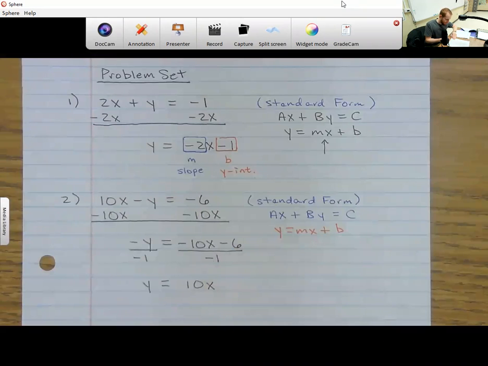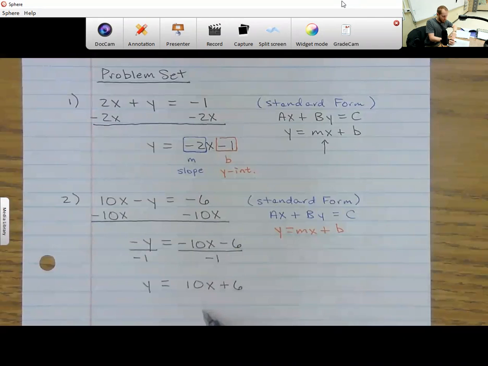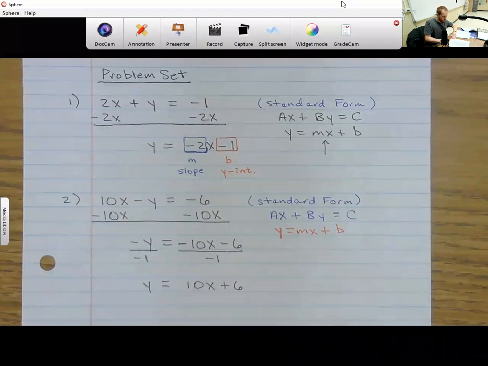That's for sure. And then the negative 6 divided by the negative 1 is going to give me a positive 6. So I'm going to have a plus 6. So basically, all the negatives cancel out. That's good. So now I'm left with y equals 10x plus 6.